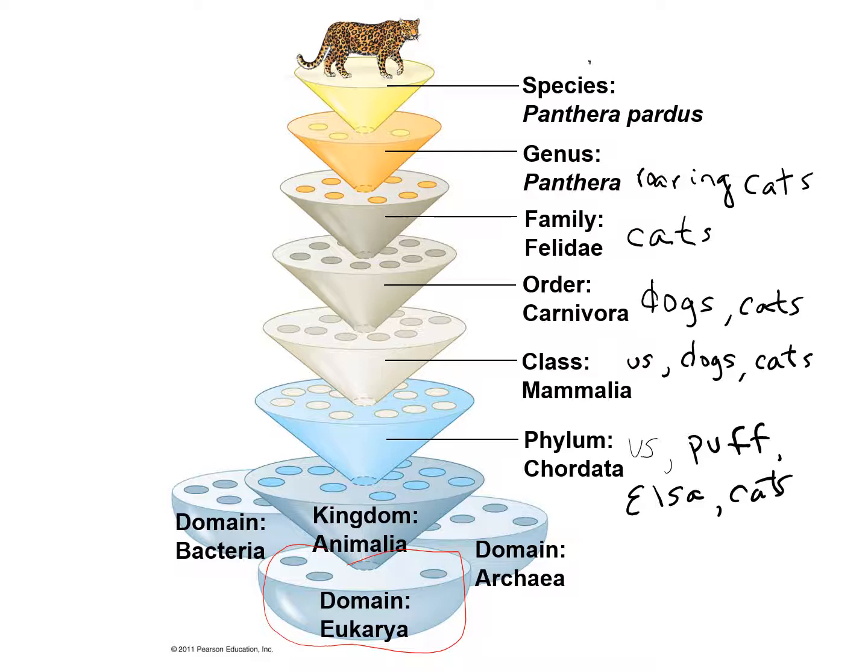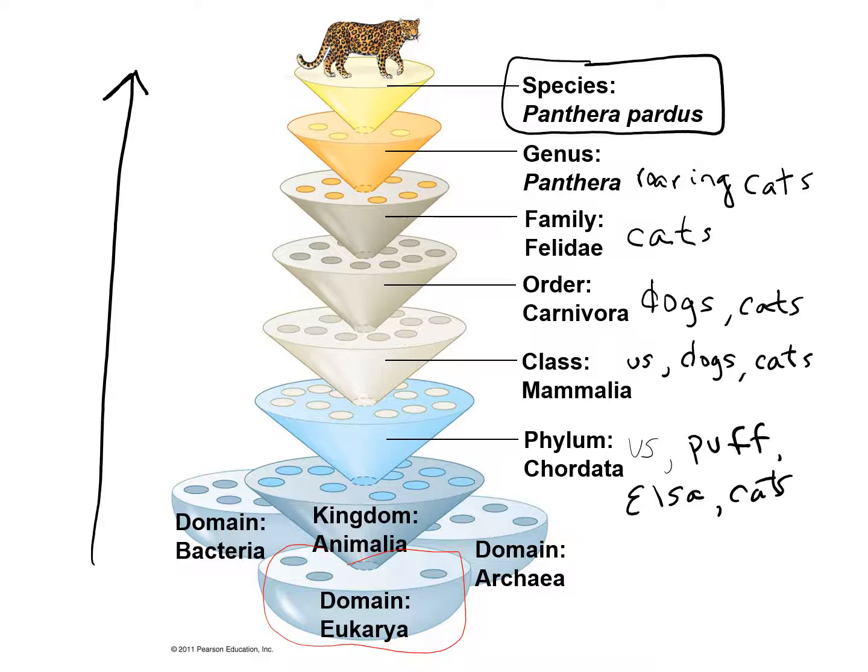And then specifically this species, Panthera pardus, is a leopard. So it is a type of big cat, but it's not the same as a lion, it's not a jaguar, it's not a tiger, etc. So you can see as we move towards the specific epithet for this particular species that we're getting more and more exclusive.